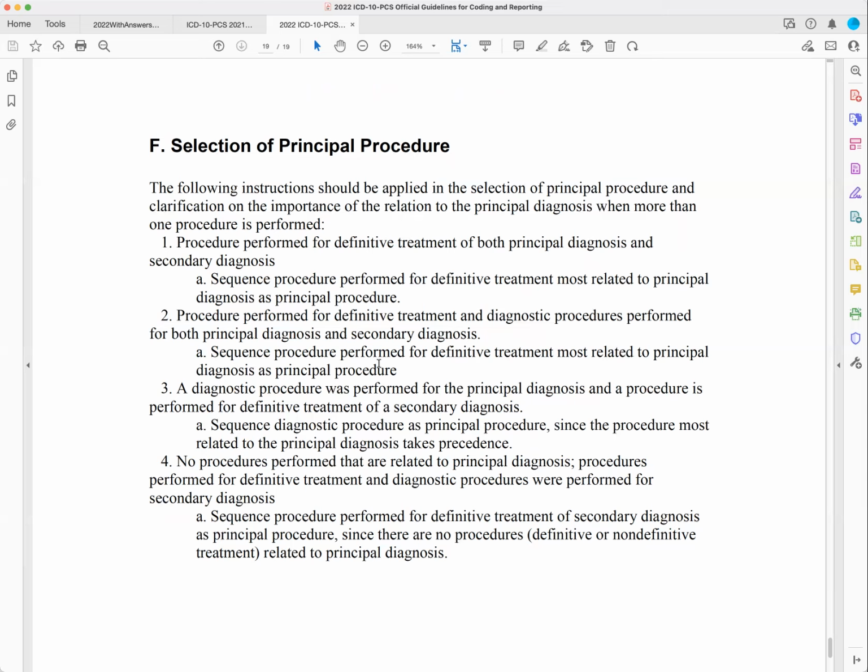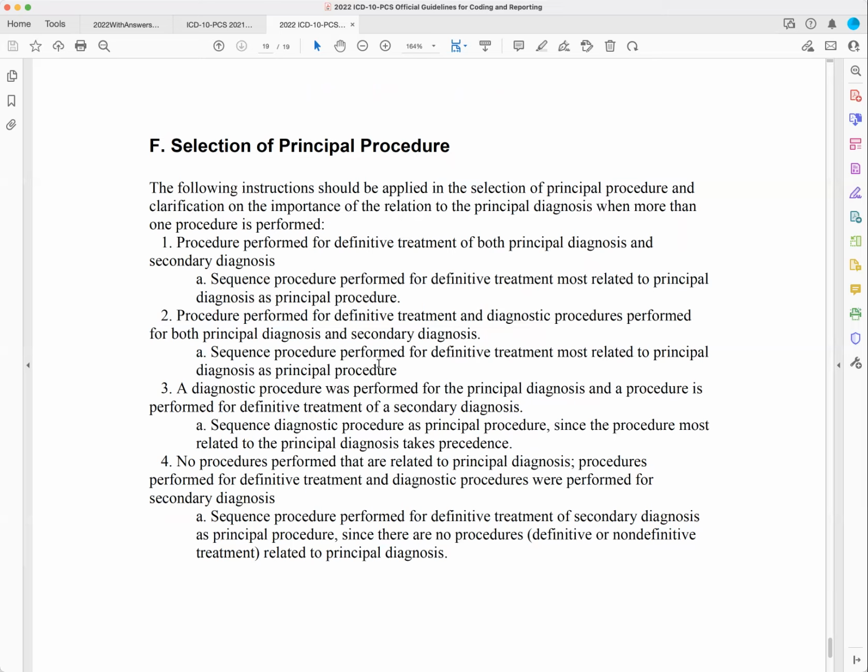And so you're going to have the entire chart there. So you're going to know what happened to that patient throughout the entire stay. You're going to know what the principal diagnosis is. And then you're going to sequence your procedures accordingly. And sometimes you might have two procedures that are related to that principal diagnosis, and they're both performed for definitive treatment. And in that case, you can sequence them in any order.